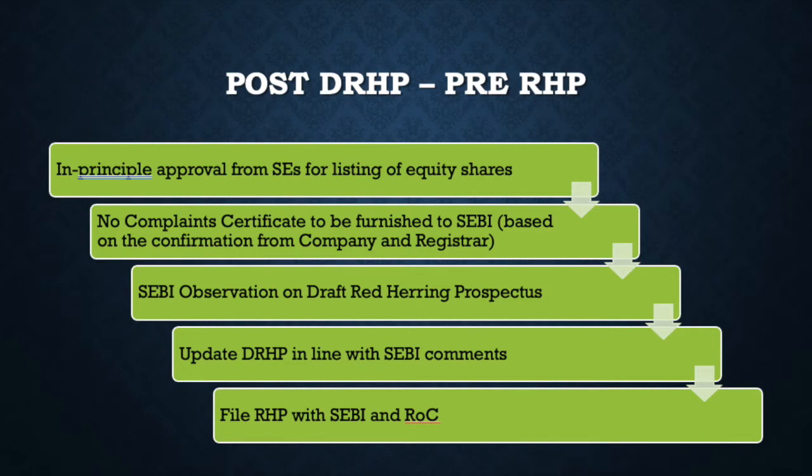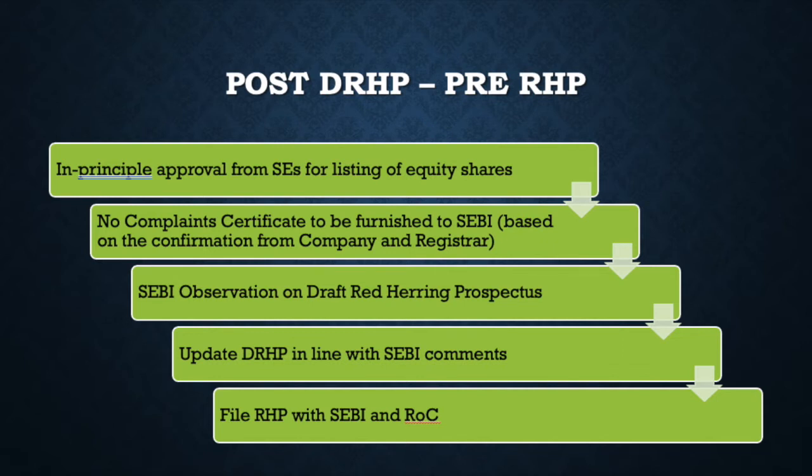Once we've updated the draft Red Herring Prospectus to make it in line with SEBI's comments and any other information that has changed, it is no longer a draft Red Herring Prospectus. It is now a Red Herring Prospectus, right? So now we have changed the document and made it as per SEBI's requirements.